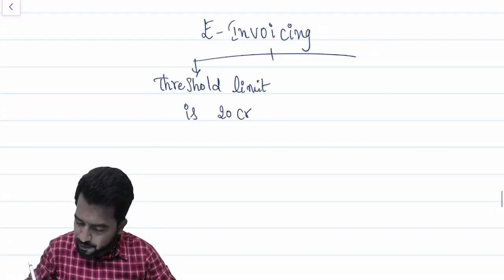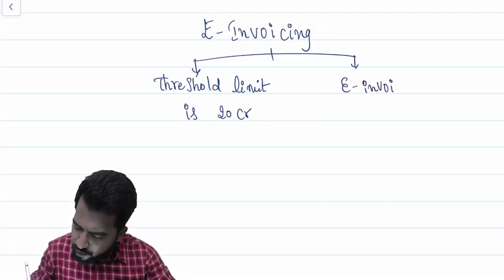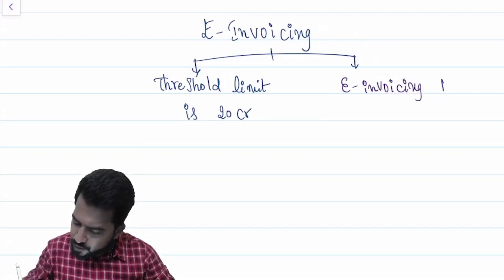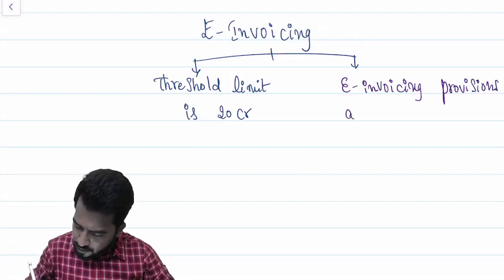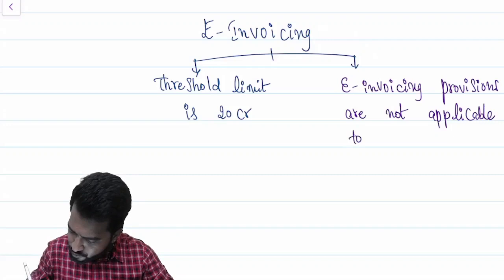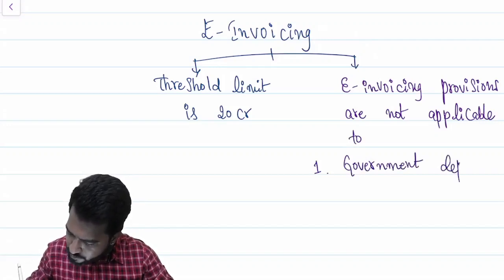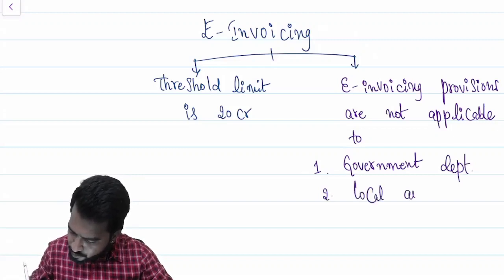And the other amendment: e-invoicing provisions are not applicable to, number one, government department, number two, local authority.